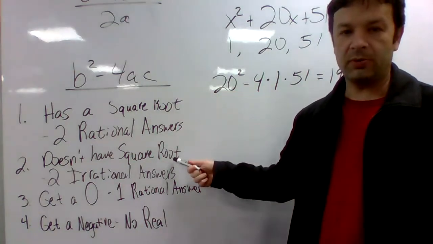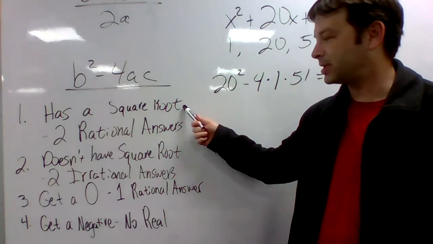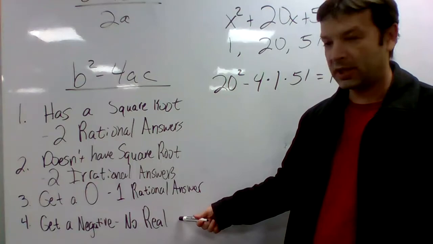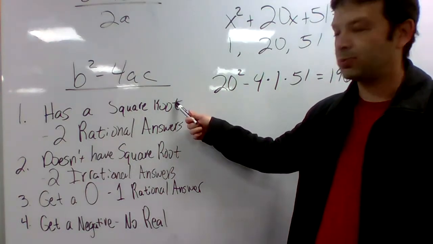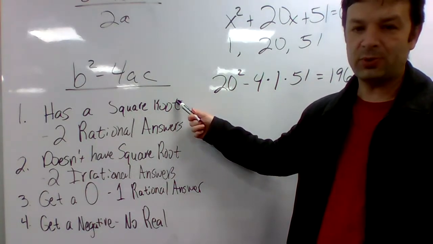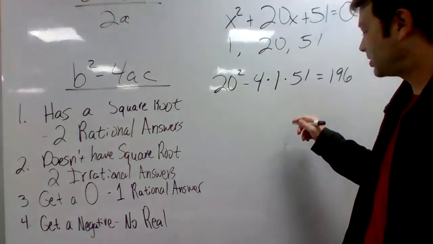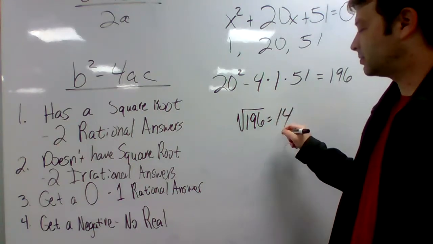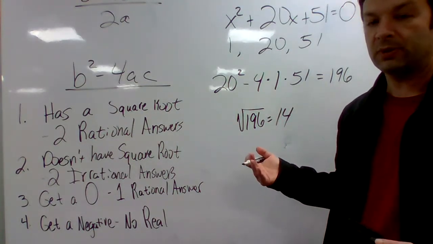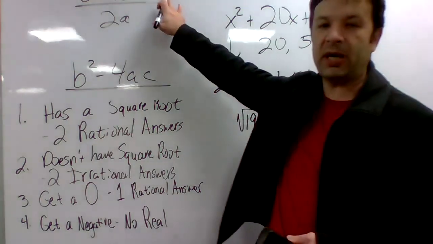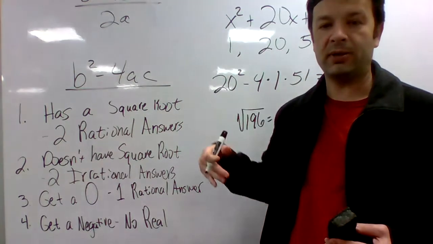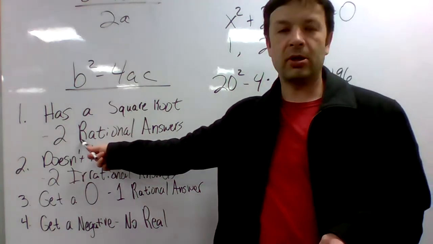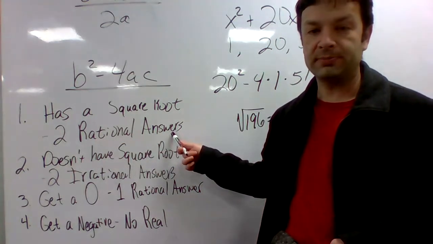So which of these is true? Does 196 have a square root? Does it not have a square root? Is it 0? No. Is it negative? No. So it's one of these two. Does 196 have a square root? You can plug that in your calculator, and you should get 14. Yes, it has a square root. So if we were to actually work out the whole problem, we would get two rational answers.